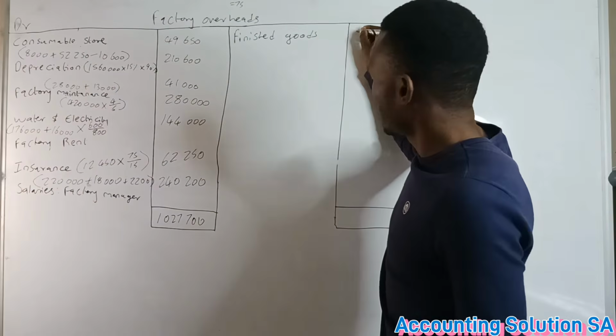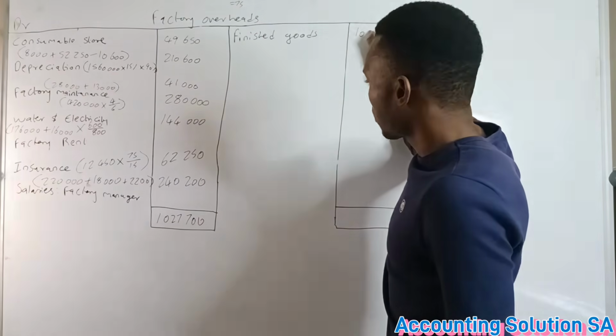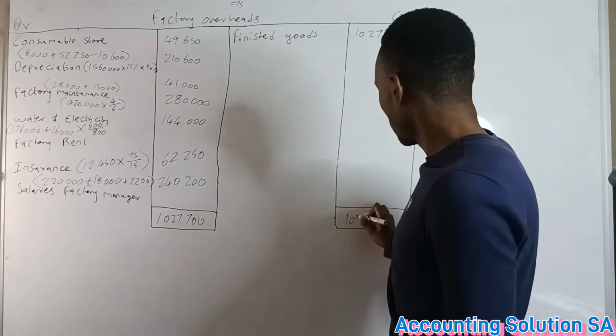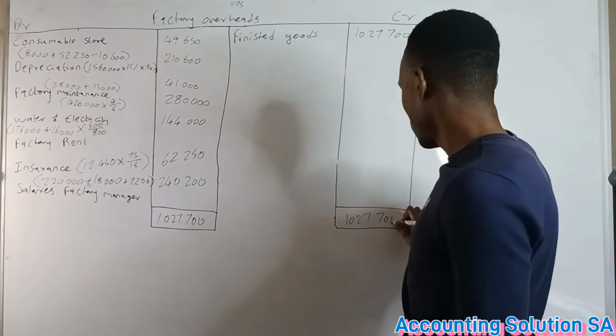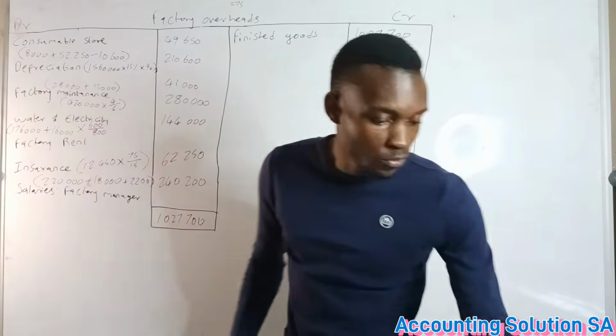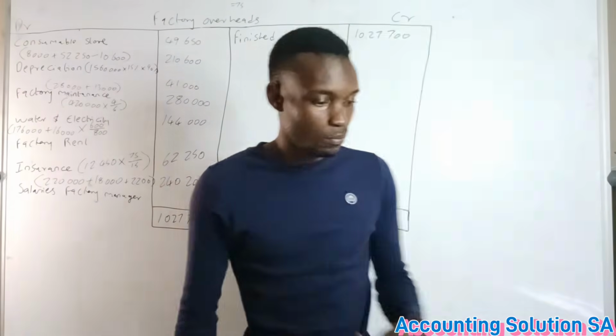Okay, even this side we're going to write the same, 1,027,700. Then you will be done with factory overhead, which contains 20 marks on this question paper.